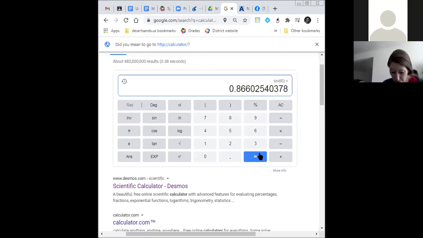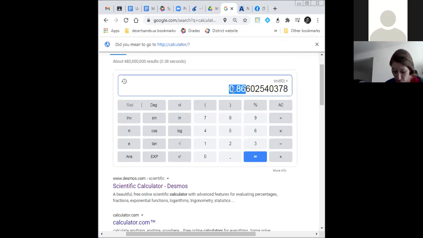Now, don't use all the numbers. The problem will tell you round to the nearest tenth, round to the nearest hundredth. What they're saying is, don't give me all the numbers, give me the tenths or the hundredths. Remember, this is the tenth and this is the hundredth.